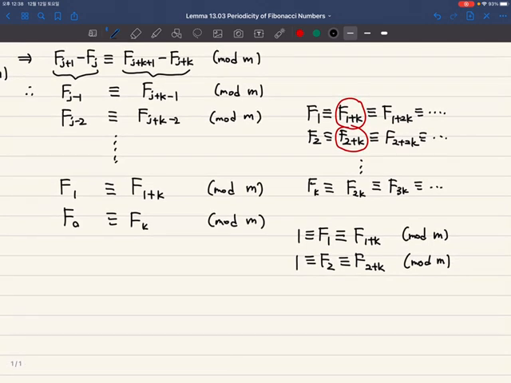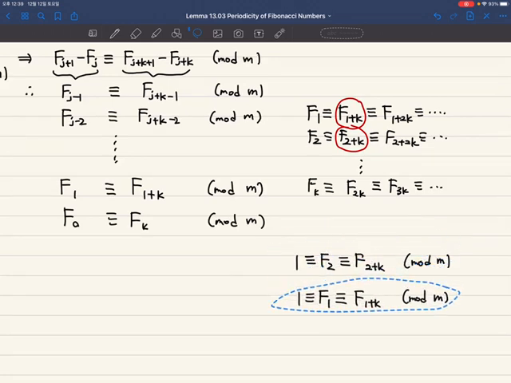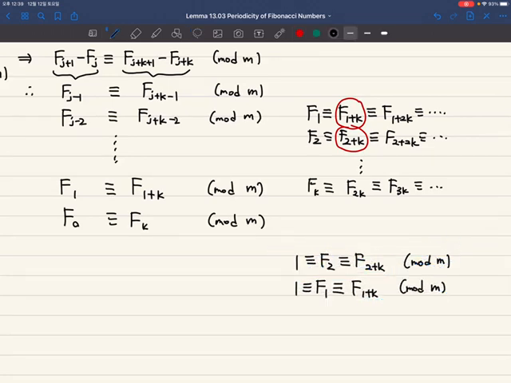If we subtract these two, which is kind of informal but I'll do it this way, we get that f of k is congruent to 0 mod m.